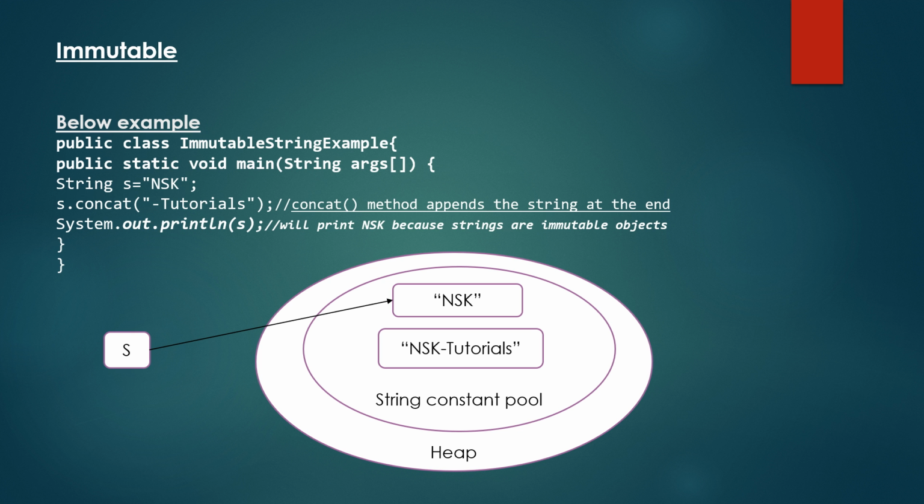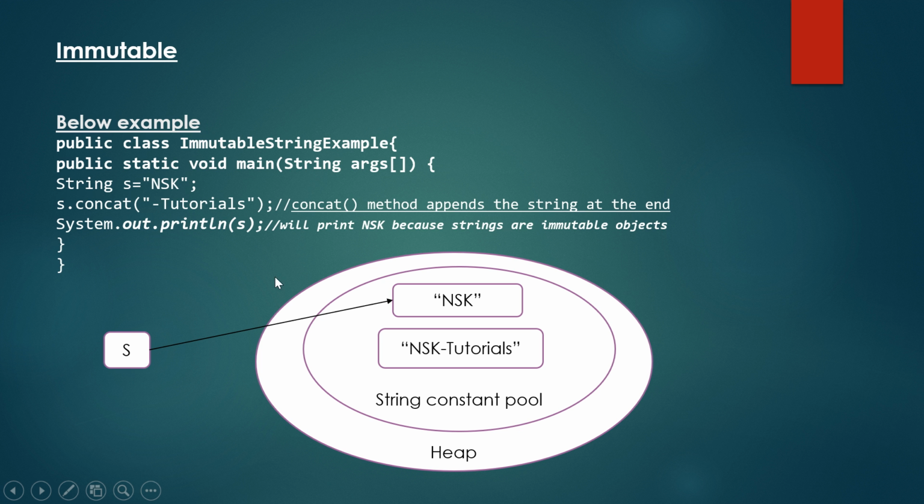For example, if you see the diagram below, we have created the instance NSK. When we do the concatenation, as in the example, I have declared the variable String s is equal to NSK, which creates an instance in the string constant pool. Then s dot concat means I am concatenating with this content.